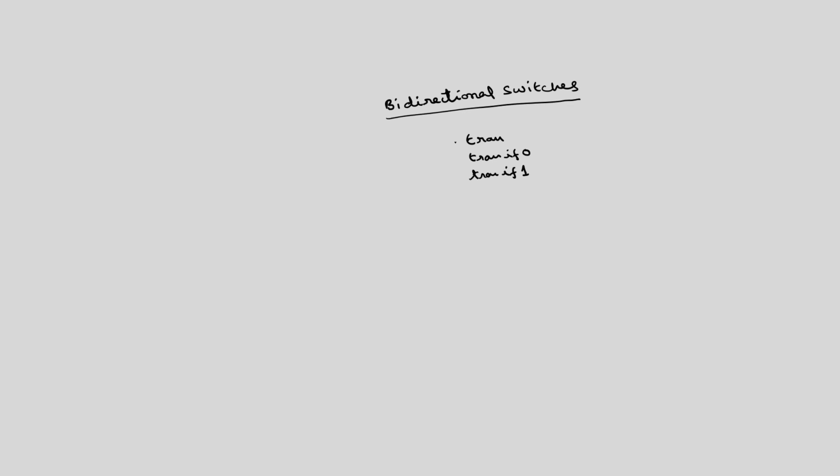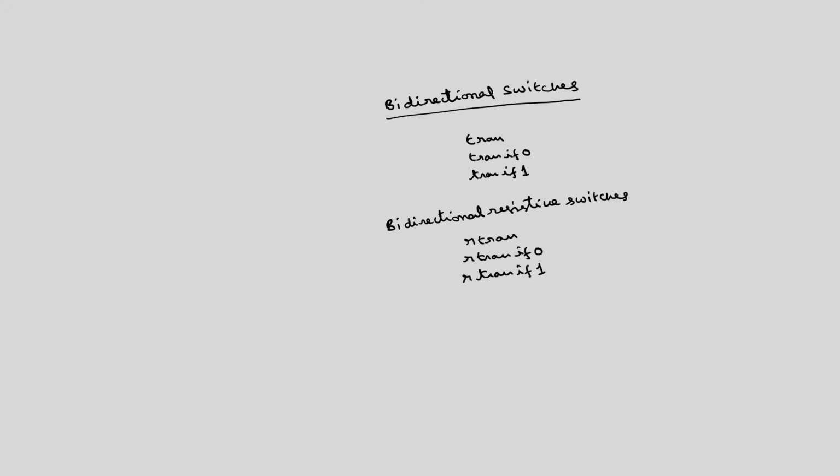Of course, you can use this with R also, for the resistive type. The ones without R are ideal switches; we can have resistive switches also, bidirectional resistive switches: R tran, R tran if 0, R tran if 1. So, there are totally 6 primitives for bidirectional switches.